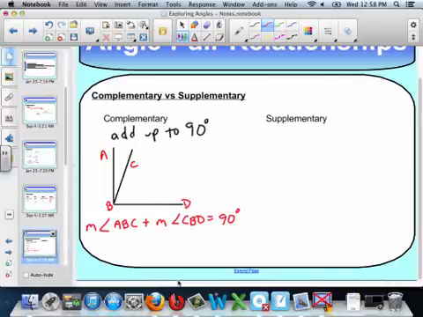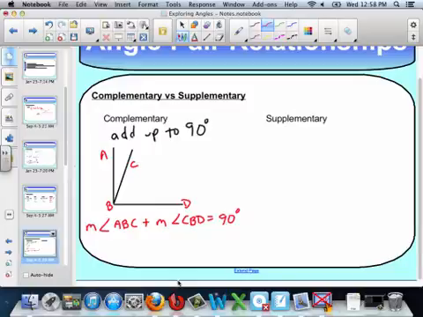Now, guys, we talked about this the day before. What are my variables up there? How many variables do I have in that equation? Two angles. So how many variables do I have? Train your brain differently.